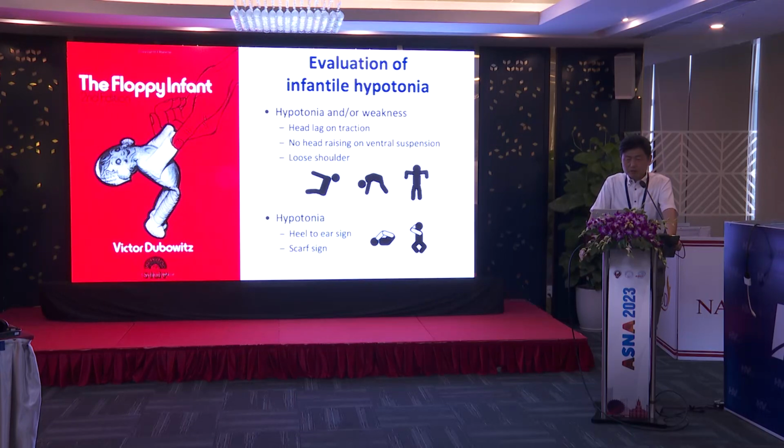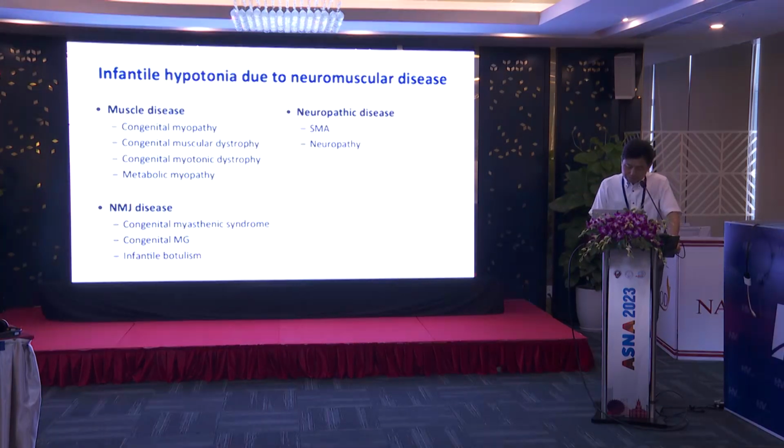On manual muscle testing, you may not clearly pick up the shoulder girdle weakness, but oftentimes you can pick up loose shoulder. Sometimes patients have significant loose shoulder. And in congenital muscle disease, without loose shoulder, I don't think the patient can have any muscle disease. All early onset muscle disease patients have loose shoulder.